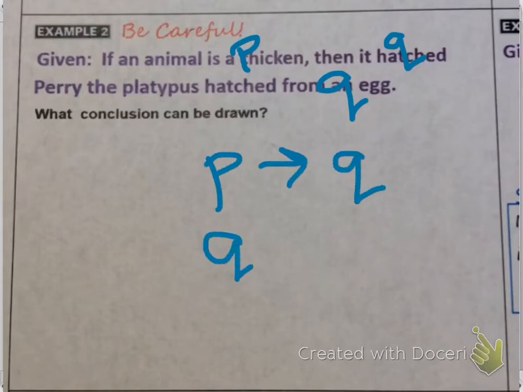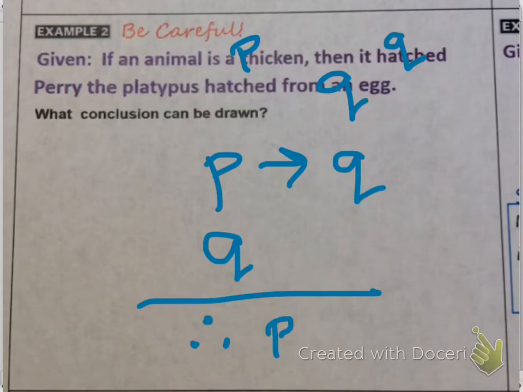Now it wants to say, well, we have Q, so what can we conclude? Well, it doesn't make sense that Perry the platypus would be a chicken, because that's what we're supposed to conclude, that we would get P. But again, that doesn't make sense. P says that he would be a chicken, and we already know that Perry the platypus is a platypus.